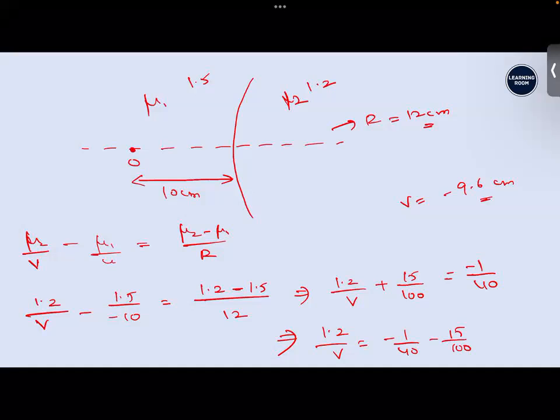Right. So if that is the case, I want you to complete the ray diagram and show the ray traveling from denser to rarer medium. So how will the ray diagram look? The first point I gave you, I asked you to draw a ray diagram, right? Will it not look something similar to that?